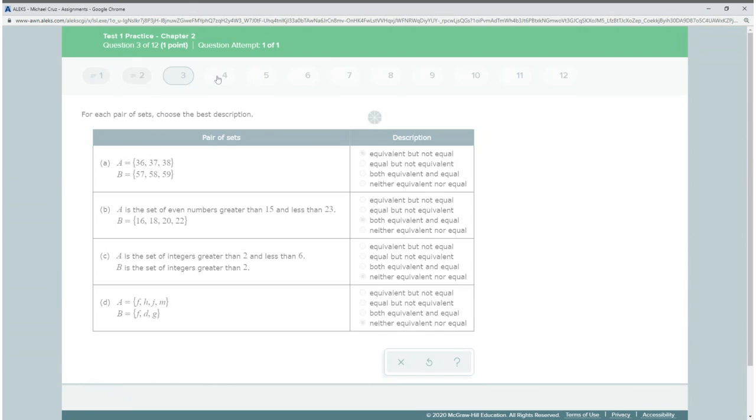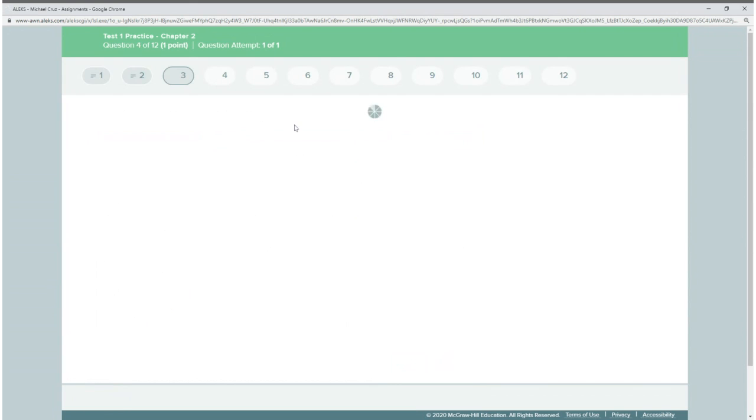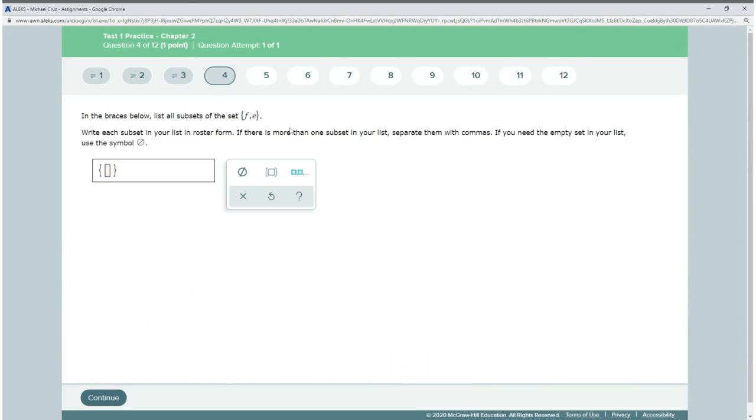All right, write each, this just says subsets, so that means we're going to take them all. First of all, the empty set is a subset of everything, and then you can take them out individually. Oops, they want you to put this around it, I think.